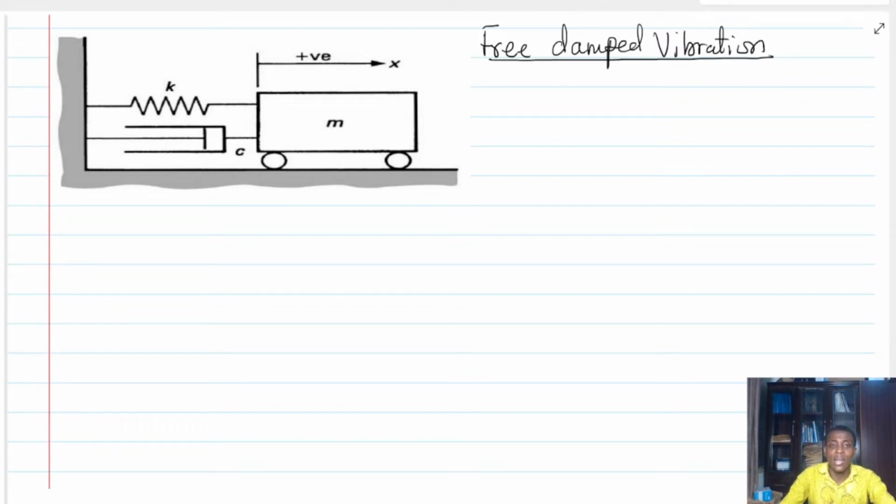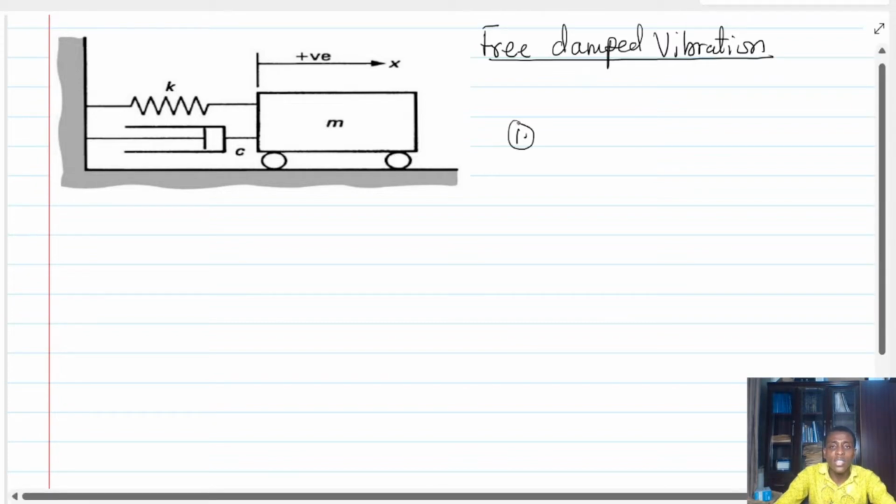But wait, I have objectives which I want to set with you so that by the end of the video, we will achieve the three objectives together. The first objective is the free body diagram. The second objective is the equation of motion.